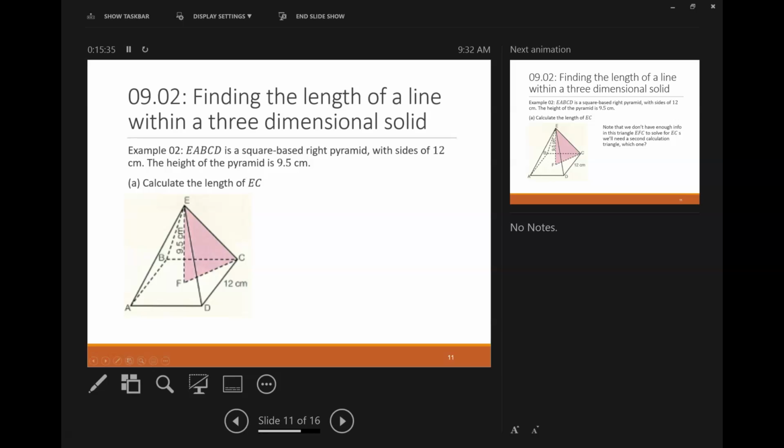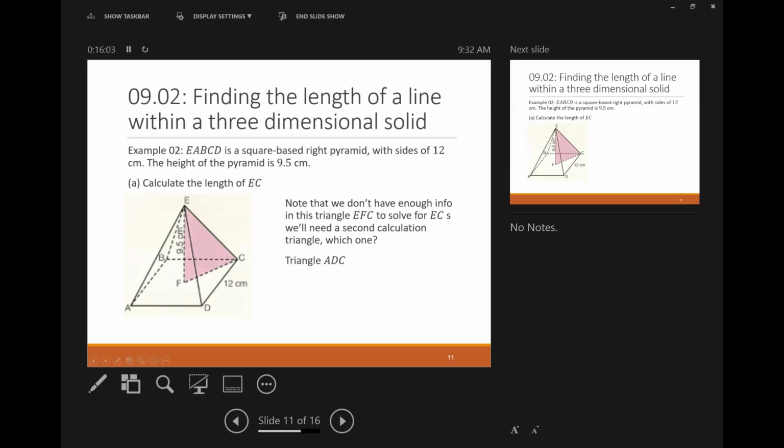So what other calculation triangle can I use for FC? How about ADC?